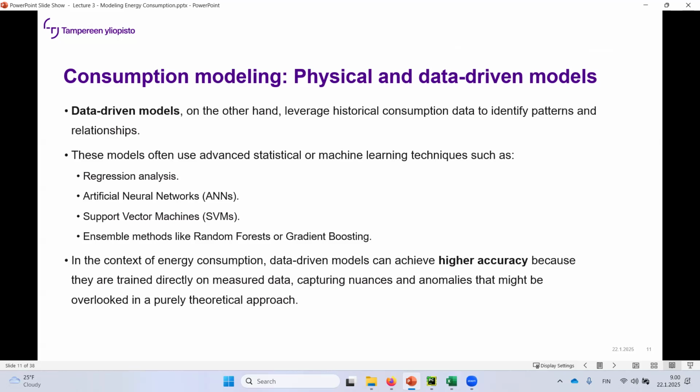So in the context of energy consumption, data-driven models can achieve much higher accuracy because they are directly trained with measured data. So they capture a lot of nuances that physical modeling doesn't. But whenever there's a change, can you take that into account in the data-driven models?